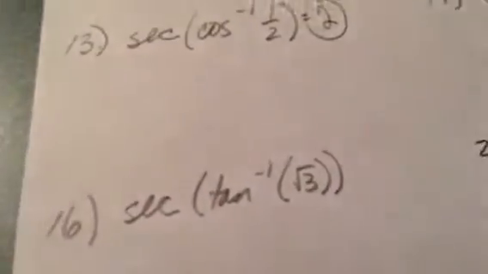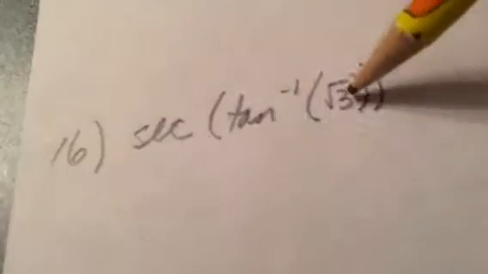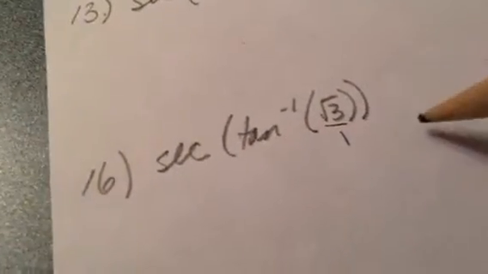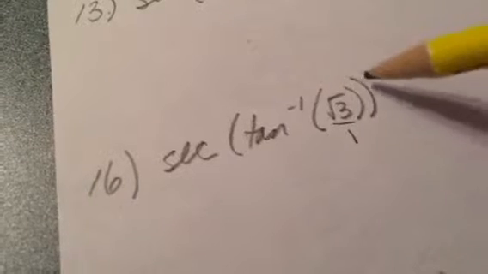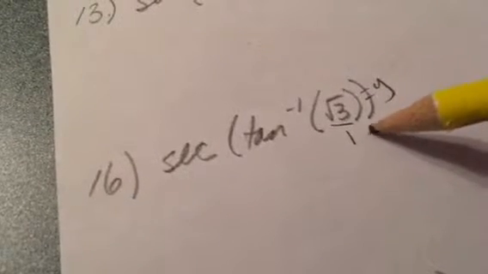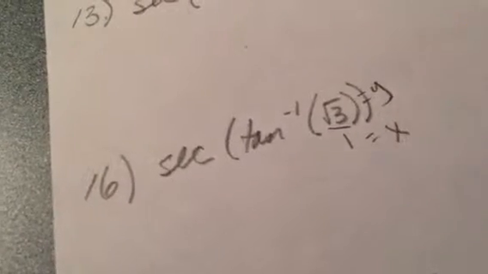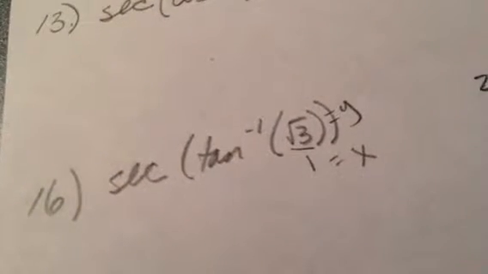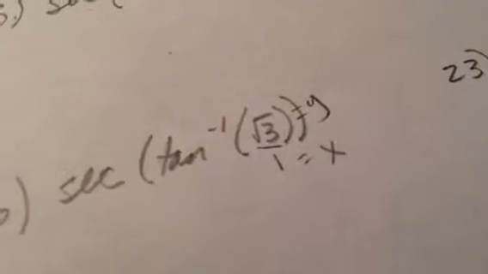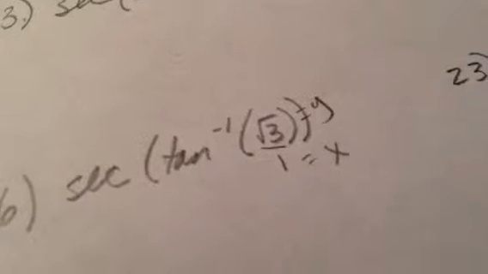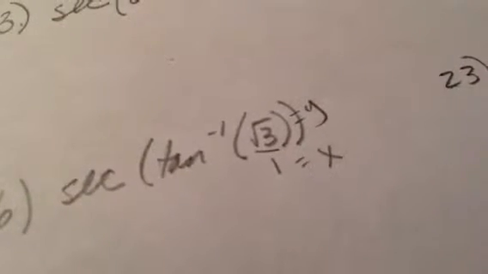Okay. Number 16, it's saying for the angle that has tangent √3, which we can say is √3/1, what is the secant? Well, if my tangent's √3/1, then I know my y value is √3, and my x value is 1. So either I can figure out where this is on the unit circle, or I could do Pythagorean theorem to find the r value.